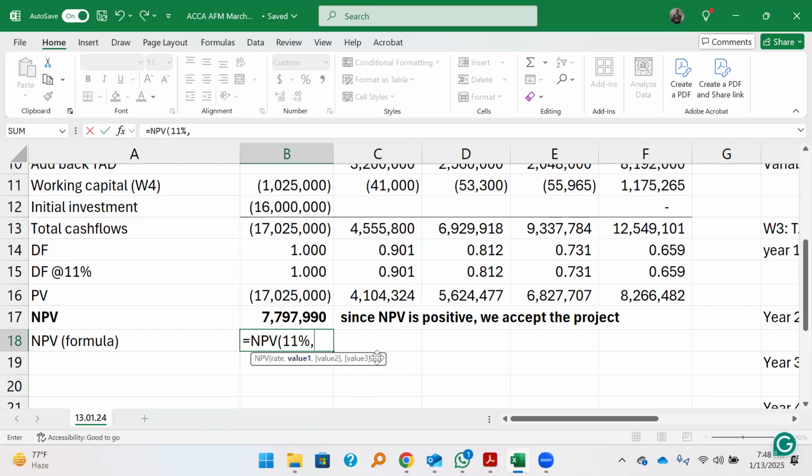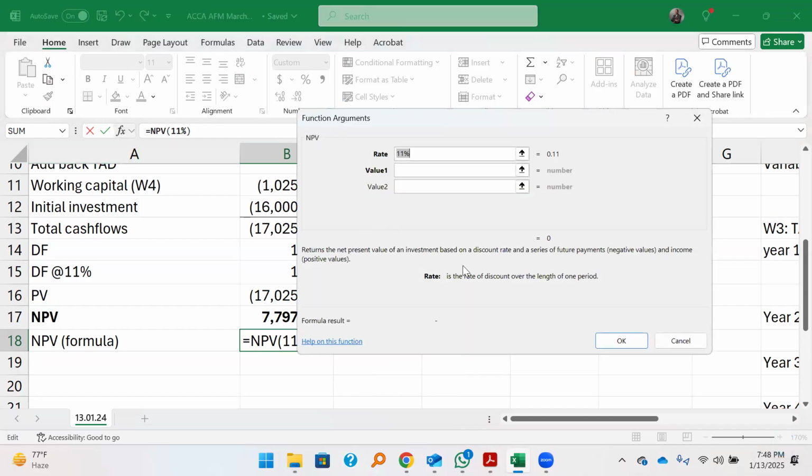Now it wants you to give it the values. So the values that it wants are values starting from year 1. Okay. If you go to Excel, it can tell you future payments and income. And then the values, it starts in time occurring at the end of each period, starting from year 1.